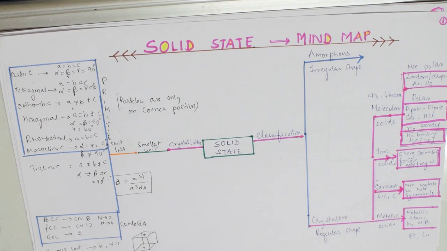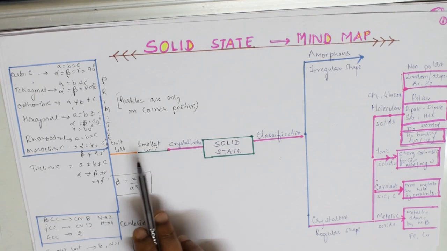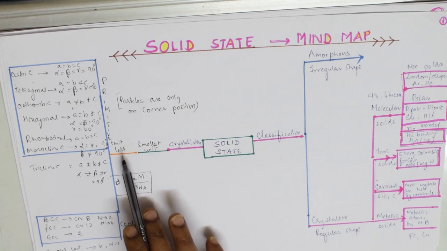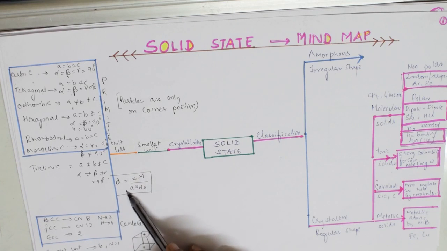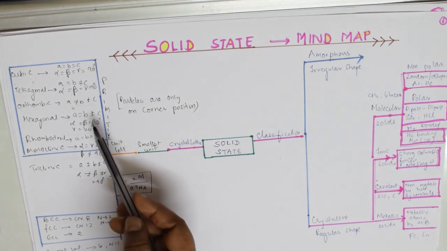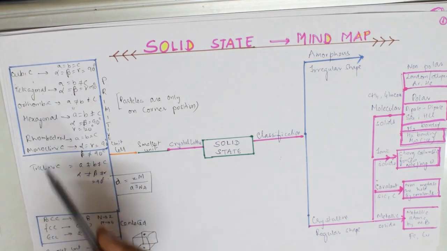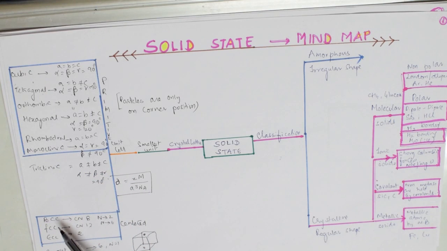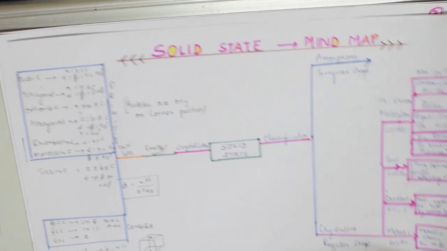So this is the classification of the solids, crystalline and amorphous, both we have written, and after that we have seen the crystal lattice, in which the smallest unit is a unit cell. Unit cell is again, we are going to calculate the density of it. Further, unit cell is again divided into primitive and centered. Primitive is again divided into 7 Bravais lattices, and centered is divided into BCC, FCC, ECC, and 2 more I have mentioned down.